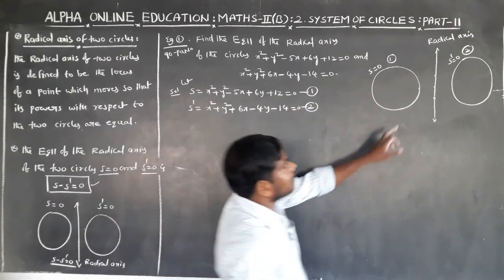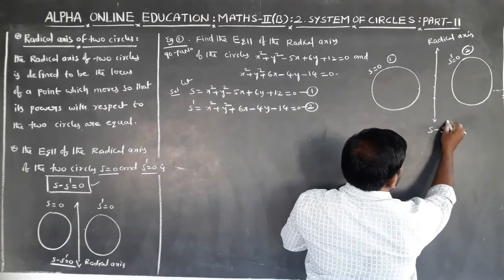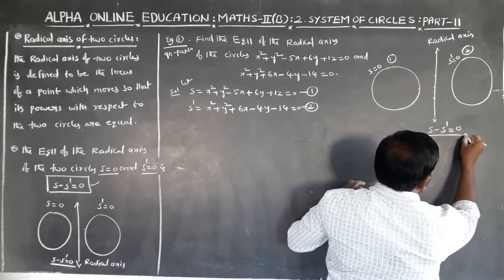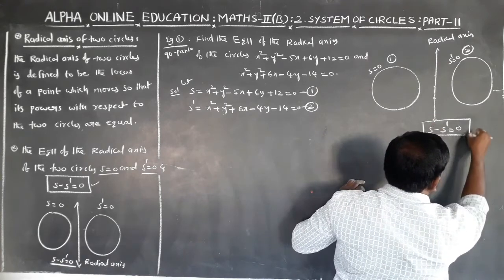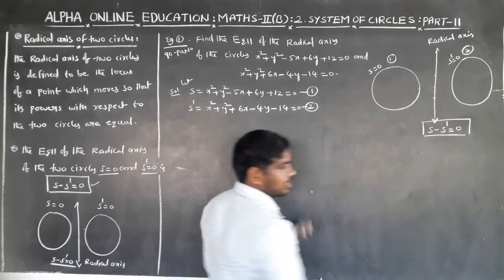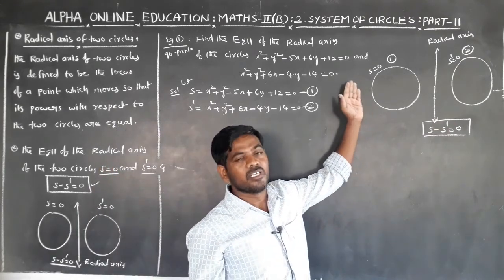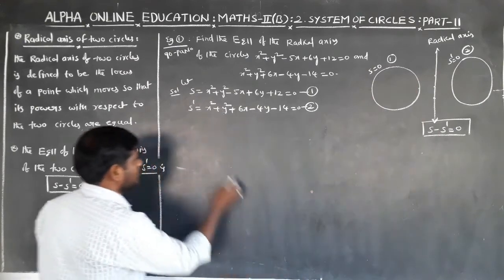The radical axis of the two circles is S minus S dash is equal to 0. This is the formula. Here, easy subtracting S minus S dash.